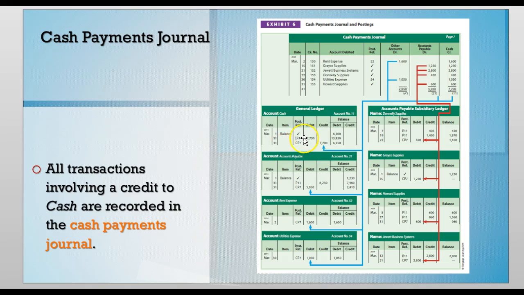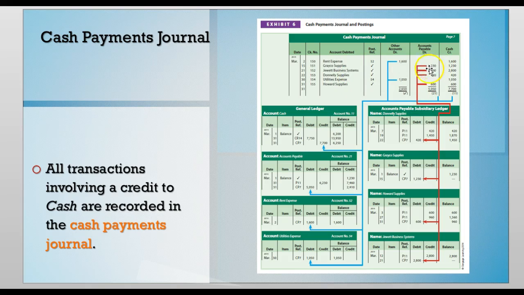These are accounts other than accounts payable that we have written out. Rent expense was never in our accounts payable, so we just paid that straight up. Utilities expense was never in accounts payable. We received the bill and paid it immediately, which is fine.